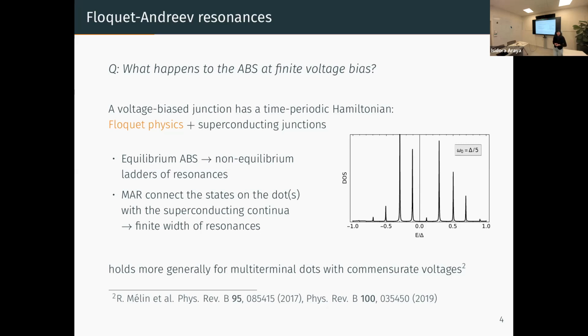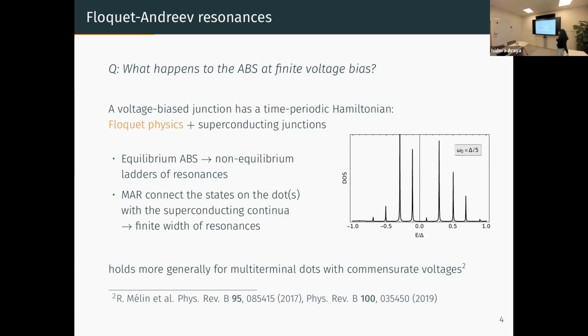So that would give some dissipation to the system. And yeah, so I have a plot here to show a typical behavior. This is like a Wannier-Stark ladder for motion in an electric field, for example, in a periodic potential.